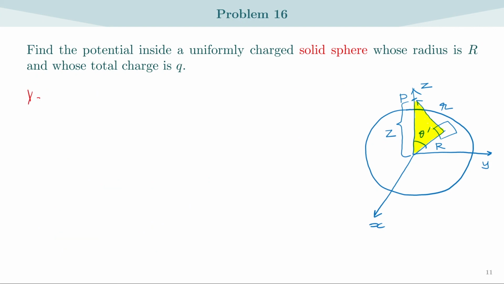Now the potential is V equal to ρ over 4πε₀ times 2π times 2 times [∫ from 0 to z of (1/z) r² dr + ∫ from z to R of (1/r) r² dr].